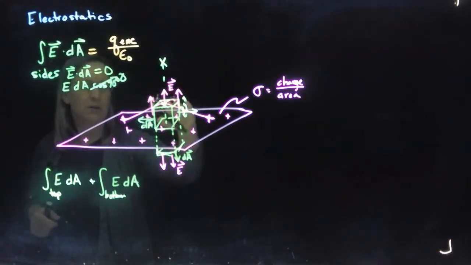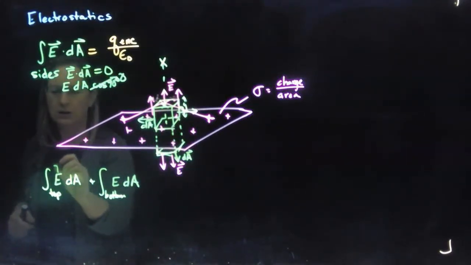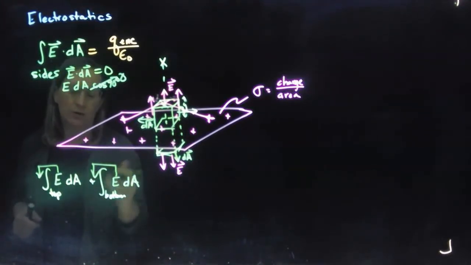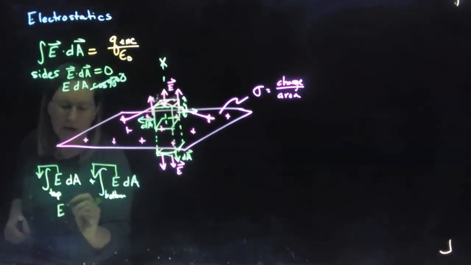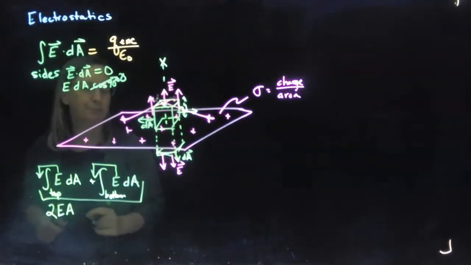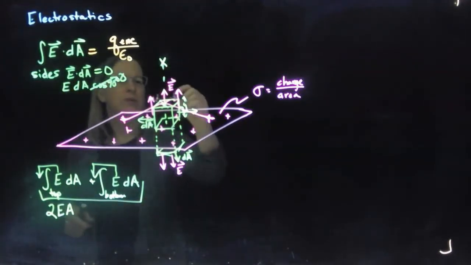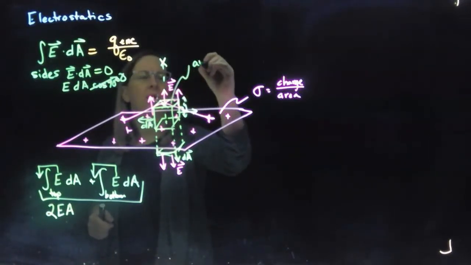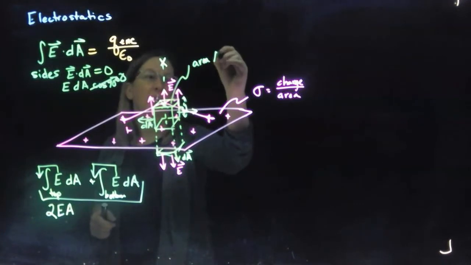And E, because every point of this is the same distance from the surface, is a constant. It can come out of the integral. And then we just have the integral of dA. So that would be E times whatever the area of this box is. I'm just going to label it as A, and I'm going to say that's 2 of them. Okay? So this is a box. This box top has an area of A for right now.